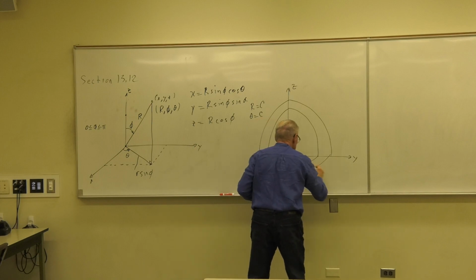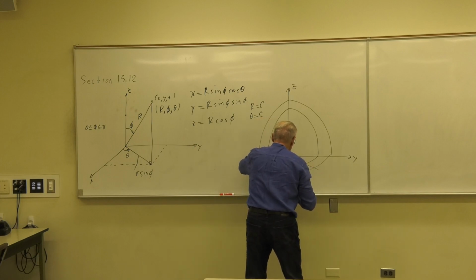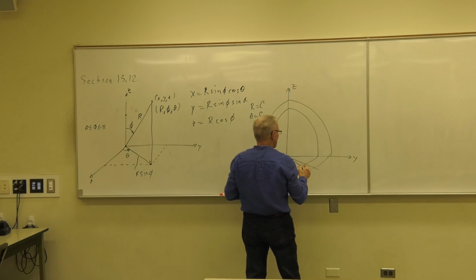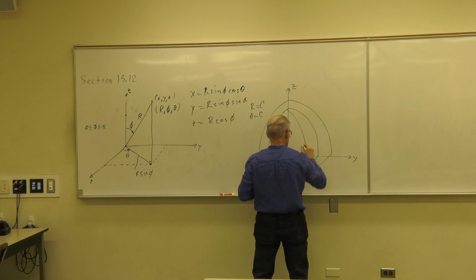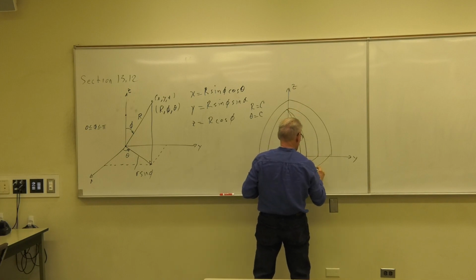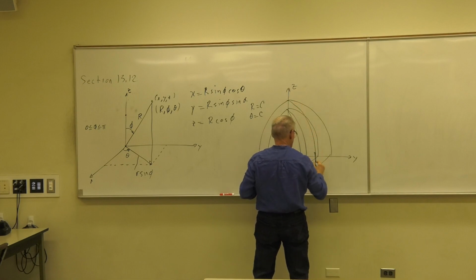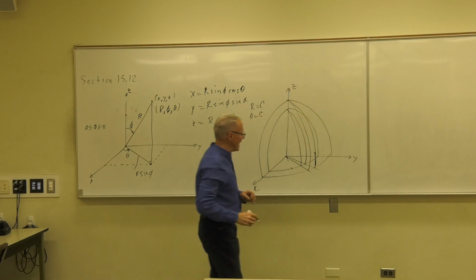So let me draw two of them, a little closer together. There. They will slice through the sphere there, and there, and there, and there. Can you envisage that?